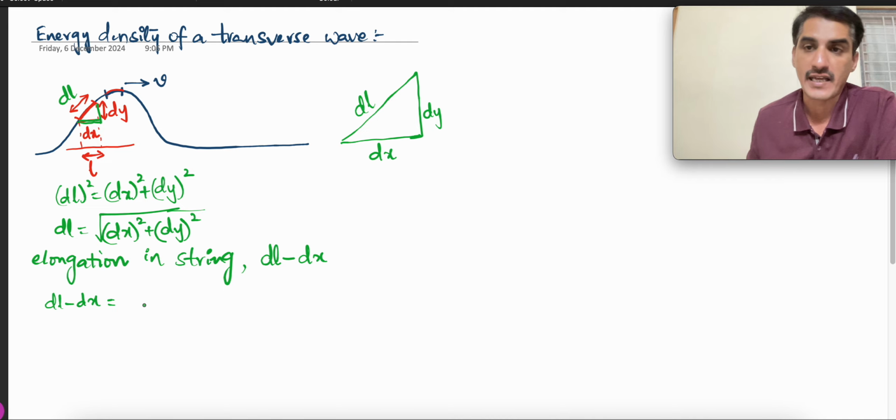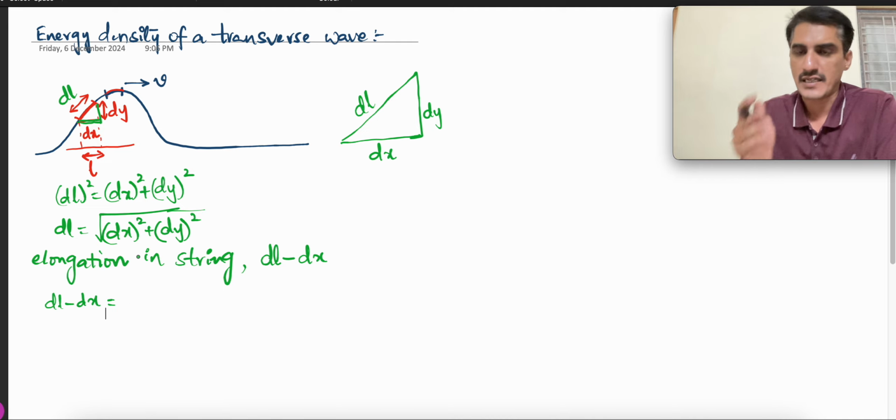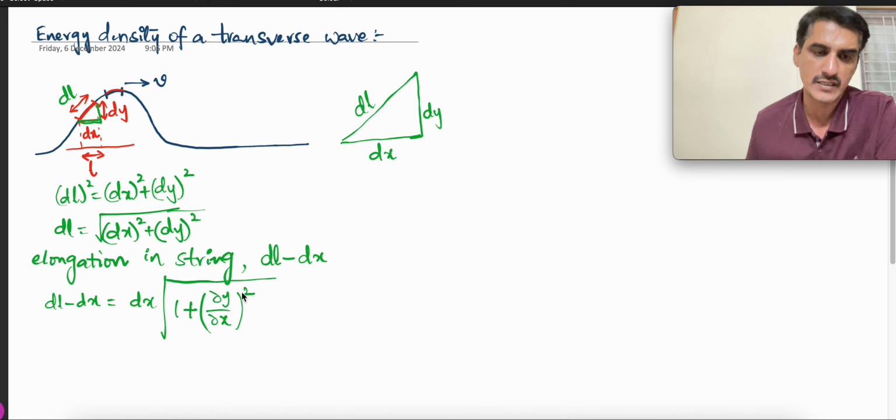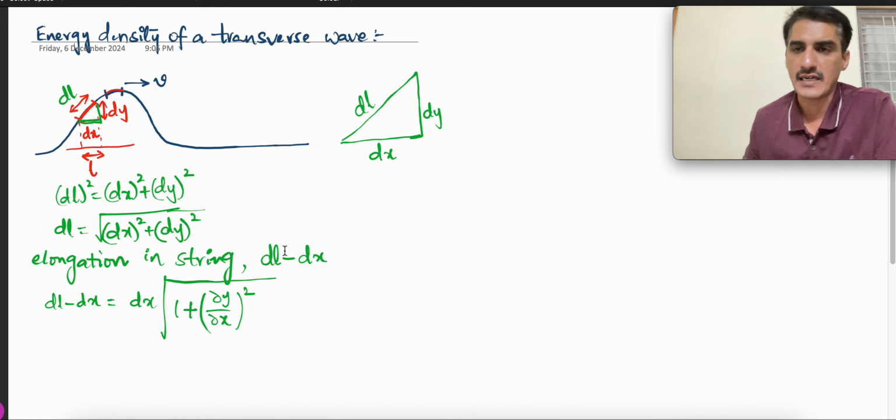Now what am I doing? I am taking dx square as common so that it comes out of that root and I will get dx into root of 1 plus, let us write it as partial differentiation, because the equation of a wave is represented in two variables.